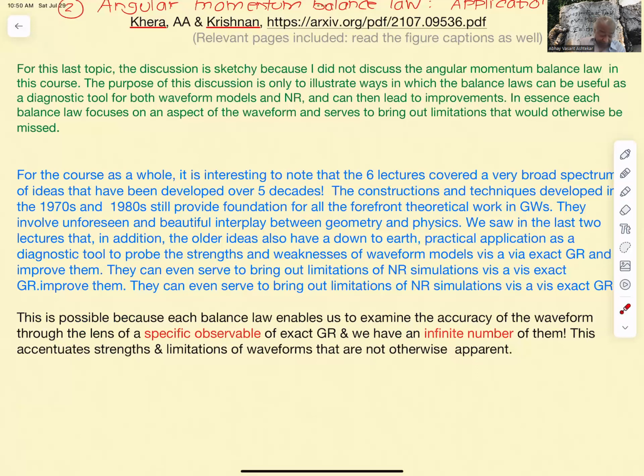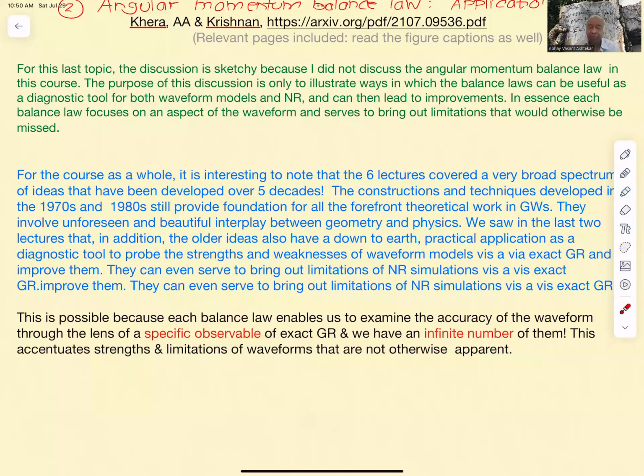Okay, now this is the key point. This is possible because each balance law enables us to examine the accuracy of the waveform through the lens of a specific observable of exact general relativity. If you just look at the waveform, you don't know where it is accurate. But if I say, give me this waveform, and I'm going to test how well it does with respect to the supermomentum balance law for L equal to 3, M equal to -3, then I have a specific observable, and I can see how well it does.